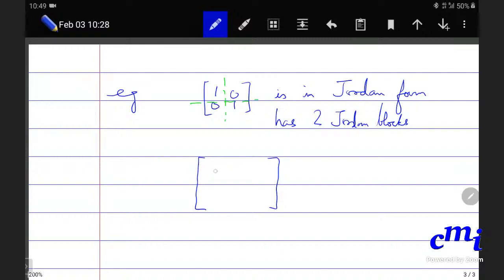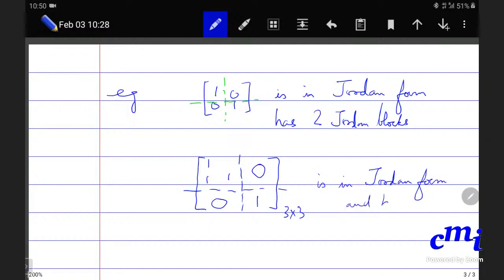Remember, in a single Jordan block, there's a unique eigenvalue. So if you had something like this, 1, 1, 1, then zeros here, and let's say this is 3 by 3, this is in Jordan form, and it has 2 Jordan blocks, not 3.